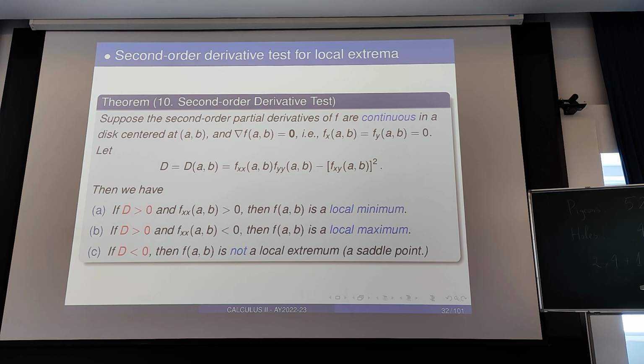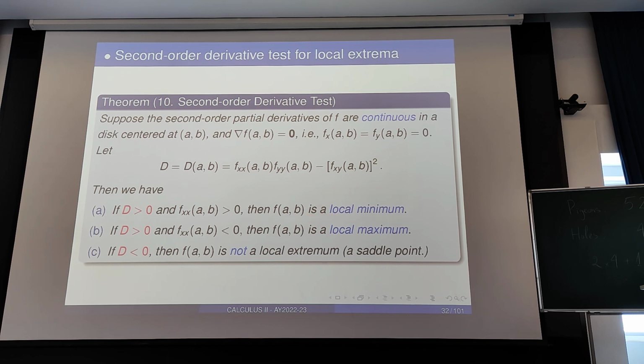And now we are going to consider the sign of D and the second order partial derivative of f at (a,b) with respect to the variable x. So you can see in the first statement, if the value of D is positive and the second order partial derivative with respect to x is also positive, then the value of f at (a,b) is a local minimum.